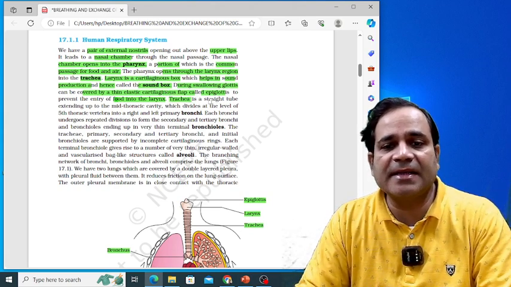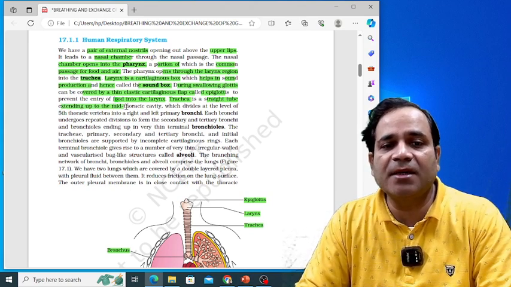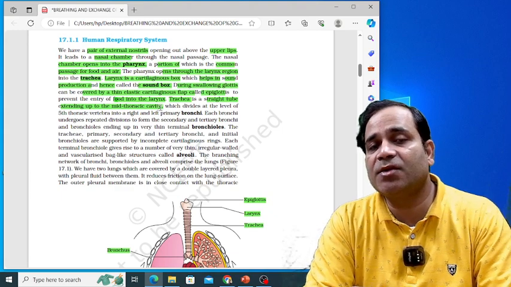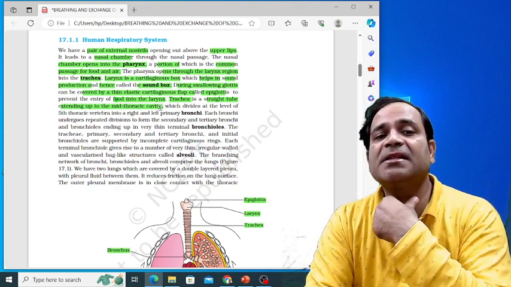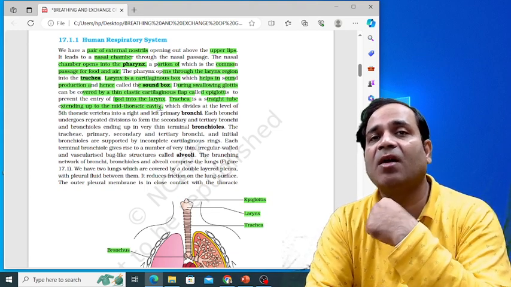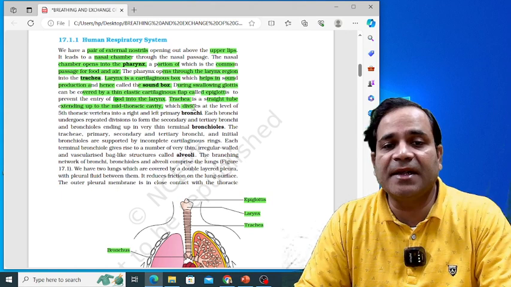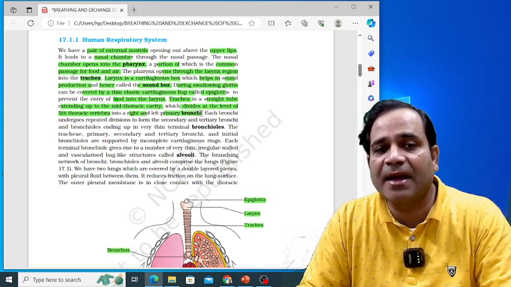Okay, next one is the trachea. You know that the trachea is a straight tube extending up to the mid thoracic cavity. If anybody asks you what the trachea is, it is a straight tube, and it divides at the level of the 5th thoracic vertebra into the right and left primary bronchi.